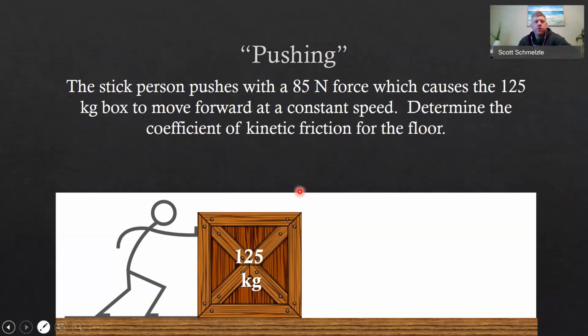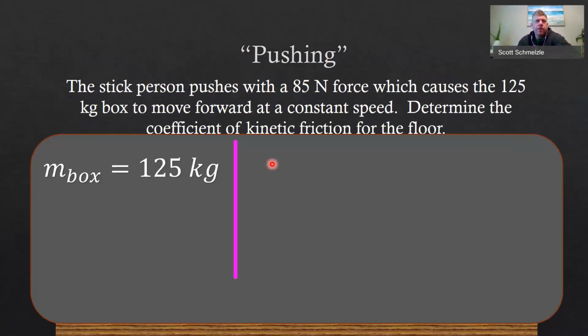Okay, so what we see here is an 85 Newton force, so that's going to be part of it. We've got a 125 kilogram mass, and we're moving at a constant speed. So our mass is 125.